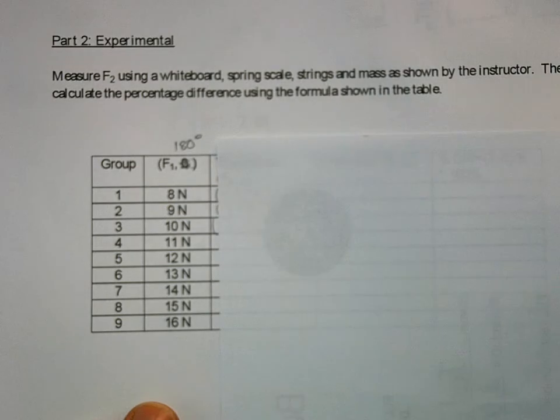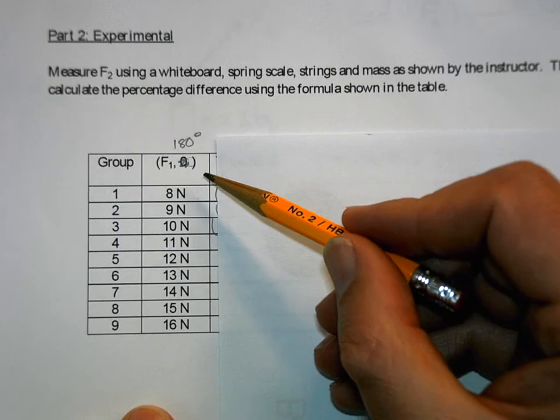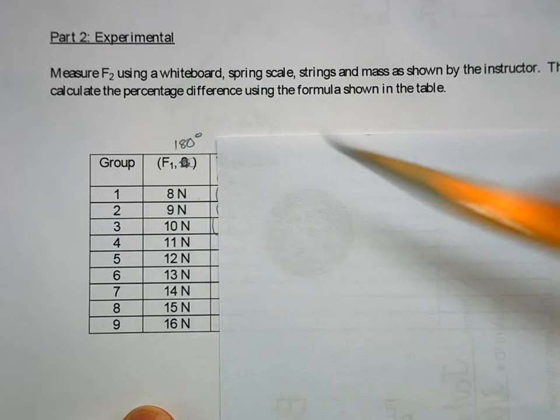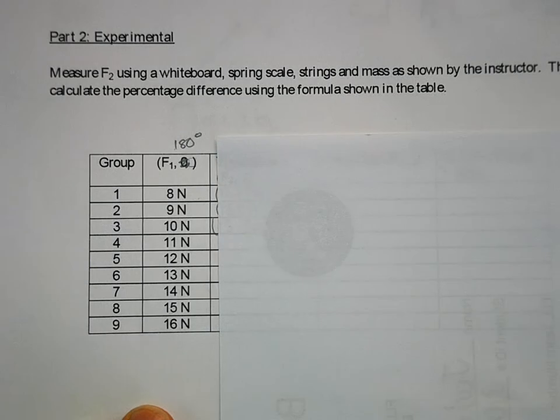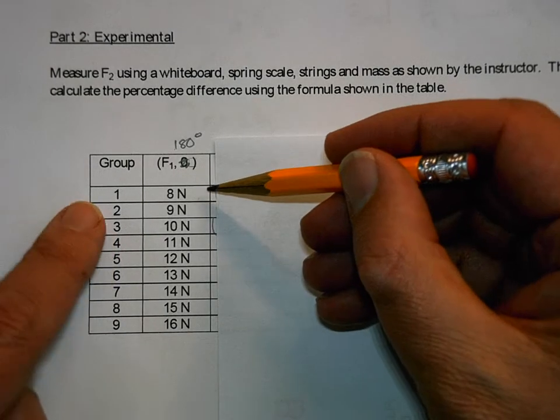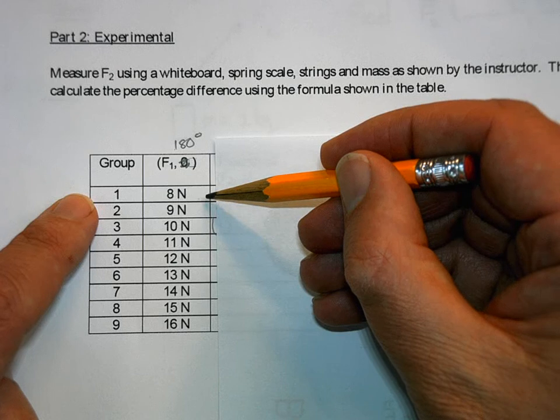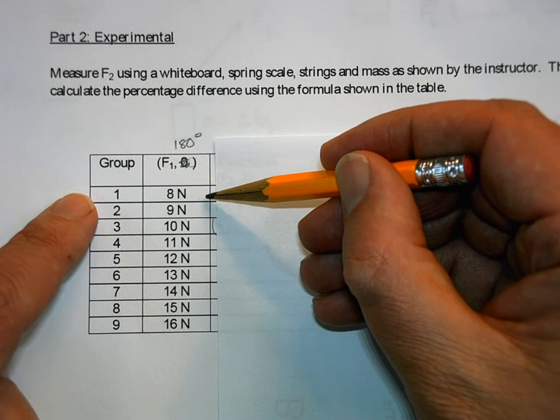Now F1, I put the magnitude and direction here. What's the direction of F1? It's 180 degrees, right? To the left is 180 degrees. You don't really need to worry about that. But here's the magnitude of F1. If you are in group 1, it's going to be 8 newtons. So those of you in group 1, put in 8 newtons and start working the problem.